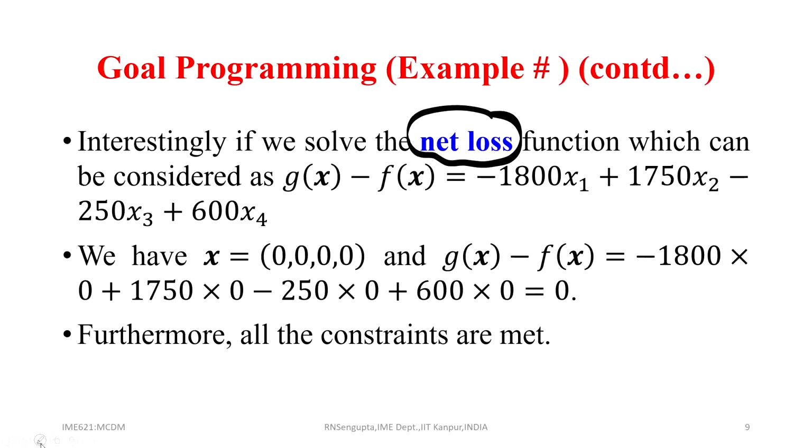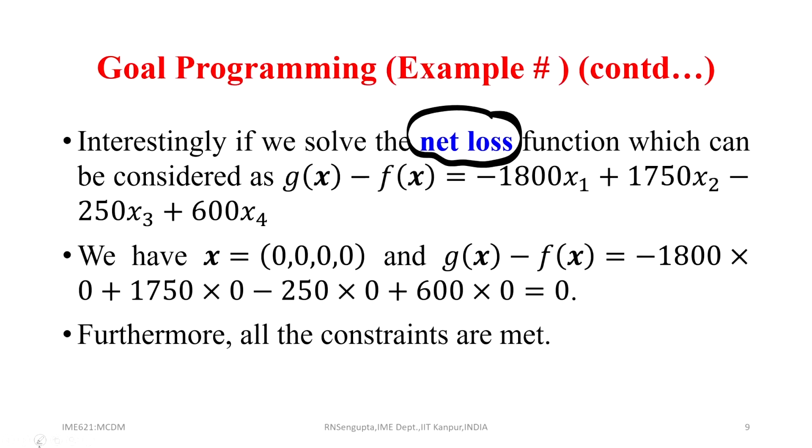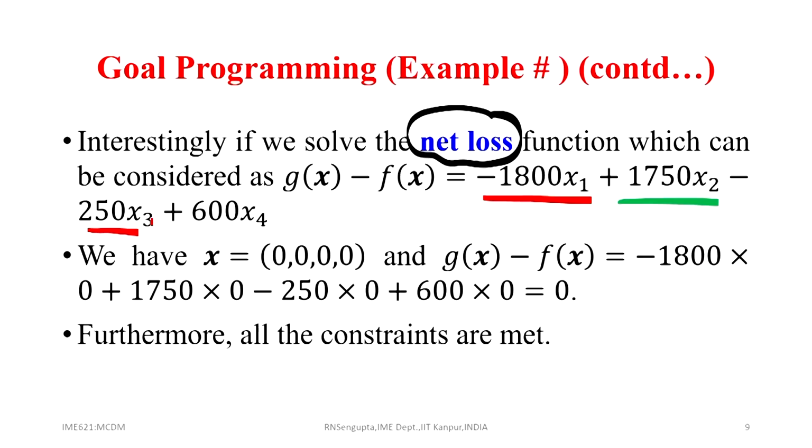So, it was basically positive, negative, positive, negative as given. So, now this becomes net loss, means the first one rather than positive now becomes negative. The second one rather than negative being positive. The third one rather than being positive will be negative, because there is a negative sign here.